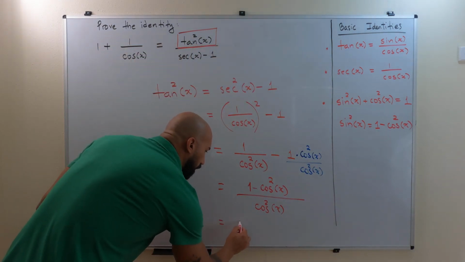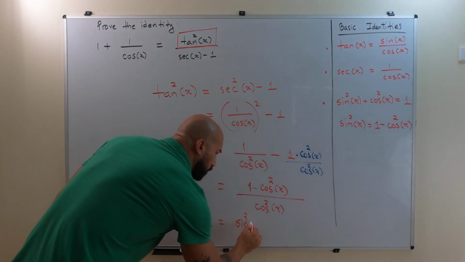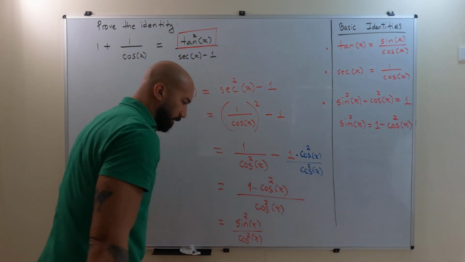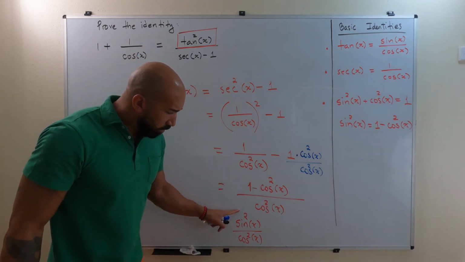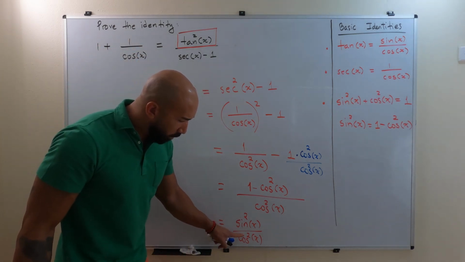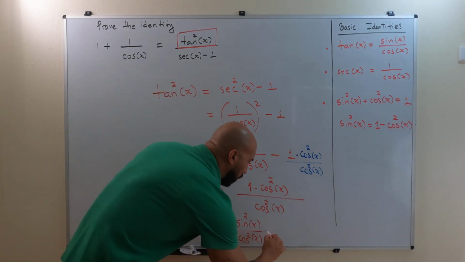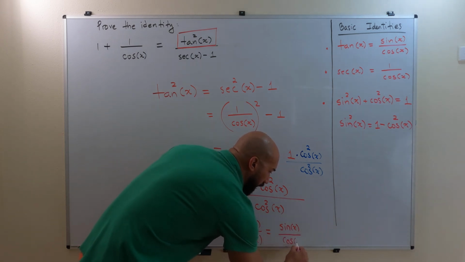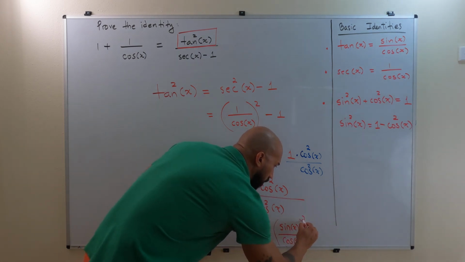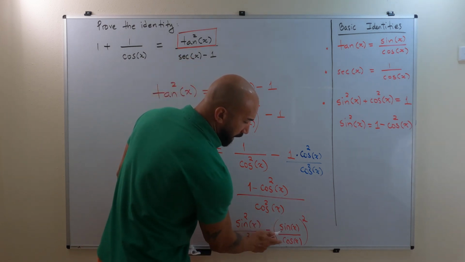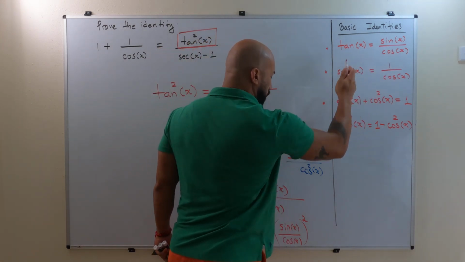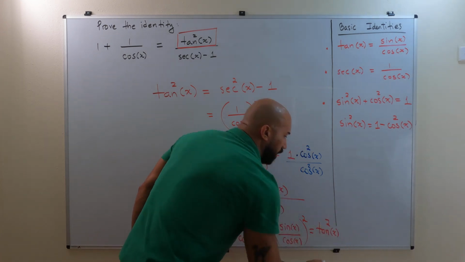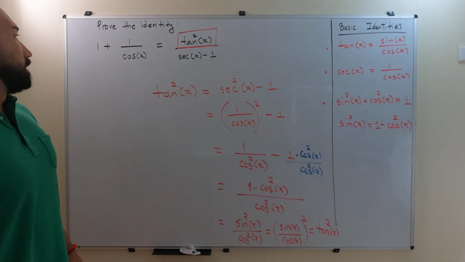So all this becomes sine square of x divided by cosine square of x. But again, I have the numerator raised to the second power and the denominator raised to the second power too, so I can rewrite this as sine of x over cosine of x, all these to the second power, and sine of x divided by cosine of x is equal to the tangent, so this becomes tangent square of x.